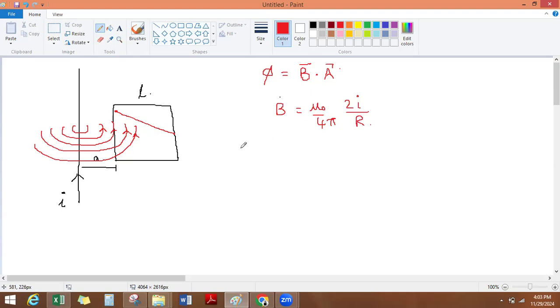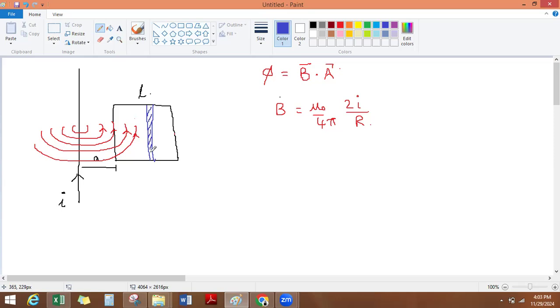So suppose I consider a small region, like what we do in differentiation and integration.